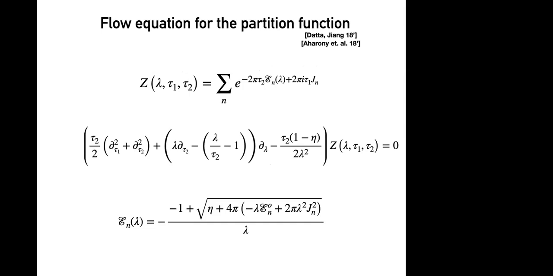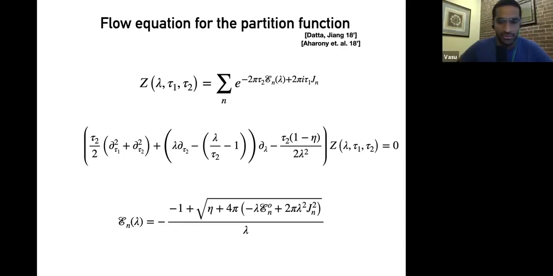And then is it that because of the lambda square term, somehow the way the energies and Jn work out, the square root is still always positive? So that's a good question. The square root is not always positive, and that's an important part of the story.